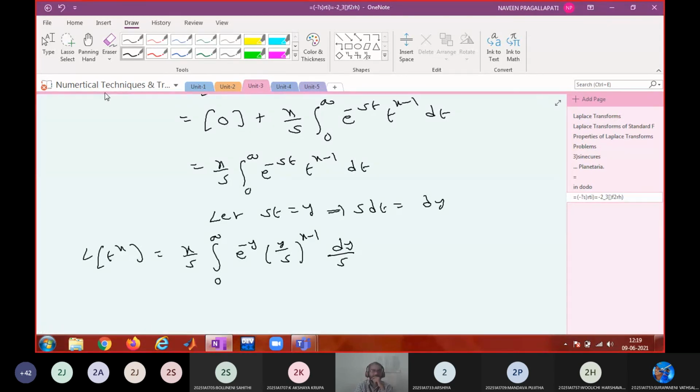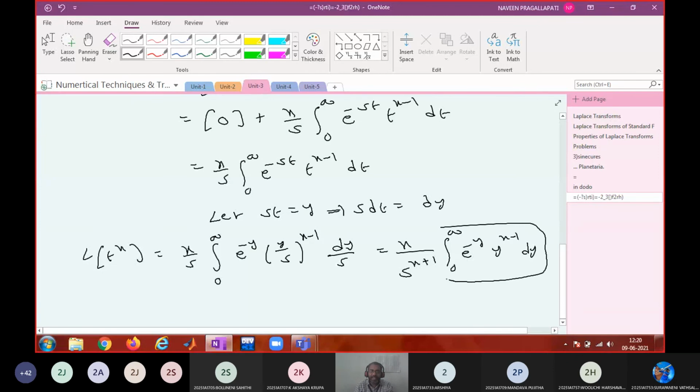So what is the simplification? This is x by s power x minus 1 into s square, so this is x by s power x plus 1 into the integral 0 to infinity e power minus y y power x minus 1 dy. Did you identify this expression? What is that called?